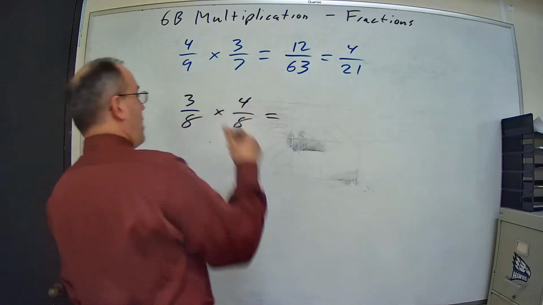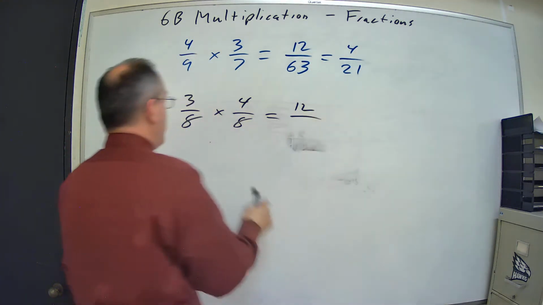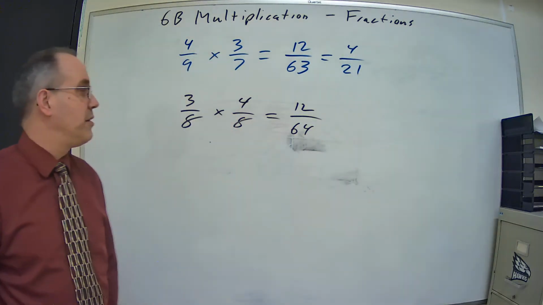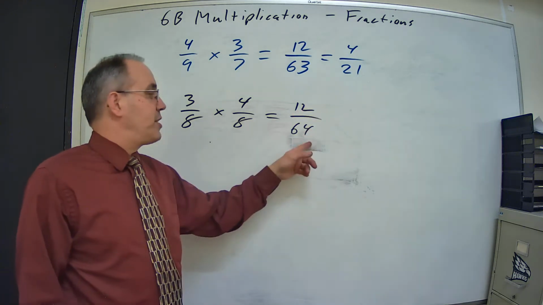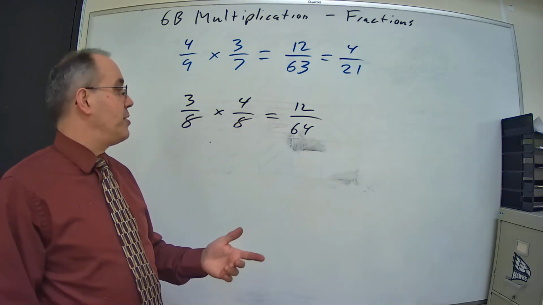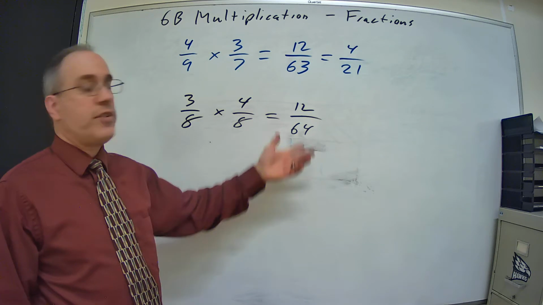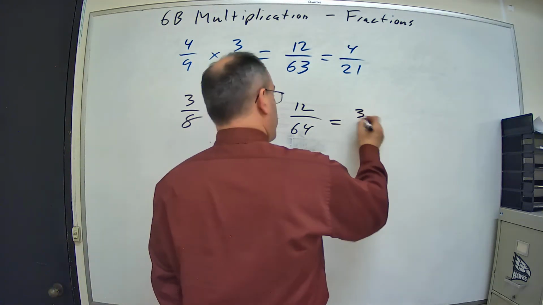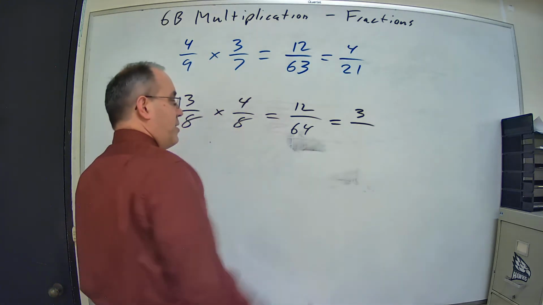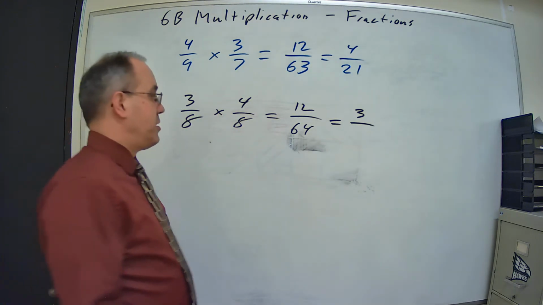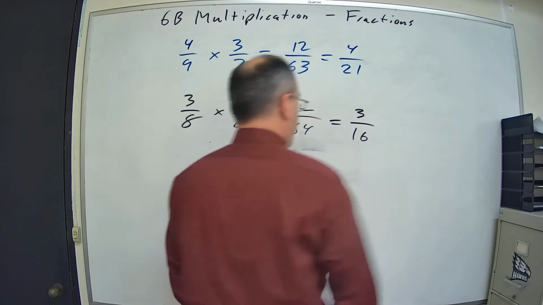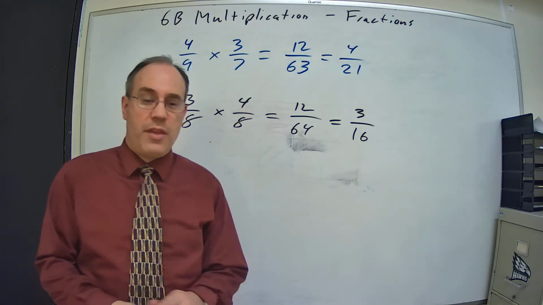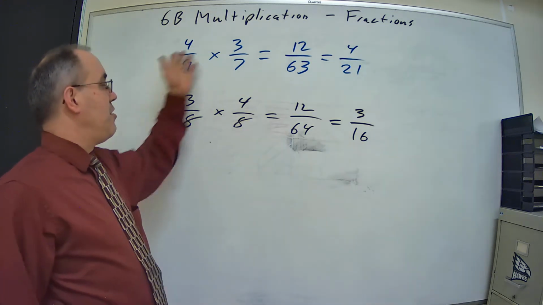So 3 times 4 is 12, 8 times 8 is 64. 12 and 64, they're both divisible by 2. In fact, they're both divisible by 4, so I'm going to divide both by 4. 12 divided by 4 is 3. 64 divided by 4 is 16. And we get 3/16.